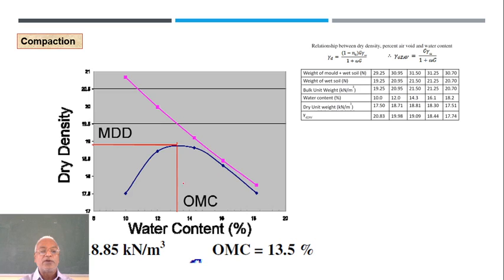A smooth curve is drawn, and then search for this peak. The corresponding water content is the OMC. So here it will be something like 13 point, yeah, it is written. So OMC is 13.5, whereas the corresponding maximum dry density will be 18.85.